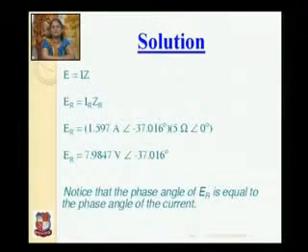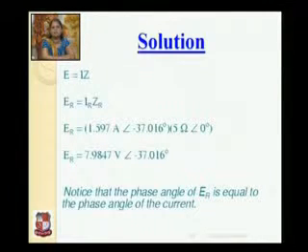Now E is equal to I into Z according to Ohm's law, and ER, the voltage across the resistance, is equal to IR into ZR. So ER is equal to, the magnitude of current is already known, which is 1.597 and the angle is minus 37.06, and ZR is already given in the data, which is 5 and angle 0.